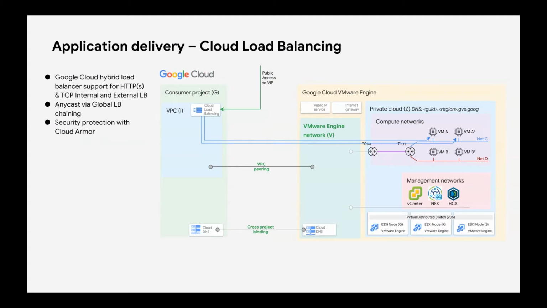Similarly, our internal load balancers also support Google Cloud VMware Engine. Now we can also use our global external load balancer by doing load balancer chaining. Within the private cloud, VMware NSX also provides various load balancing options.